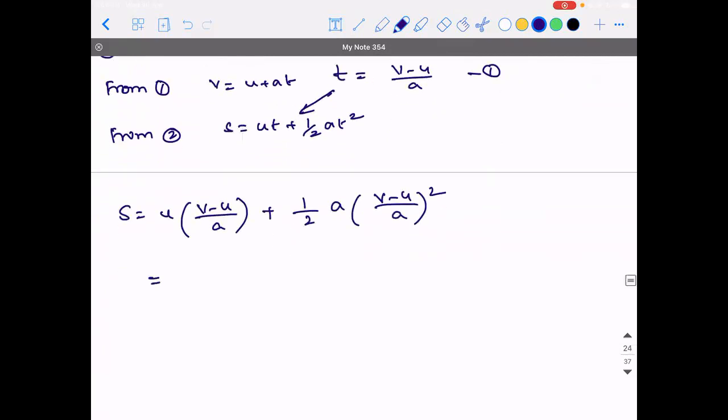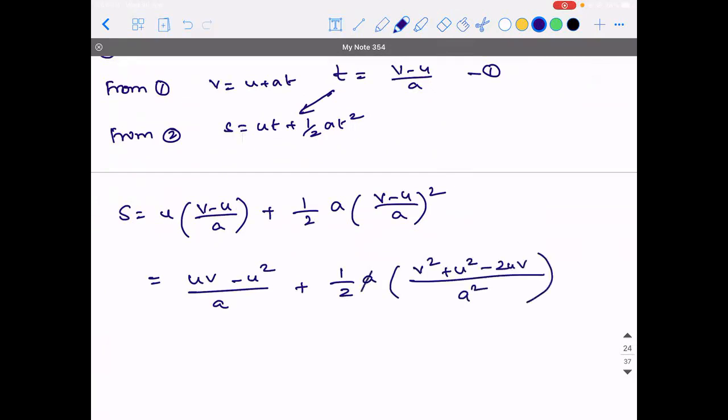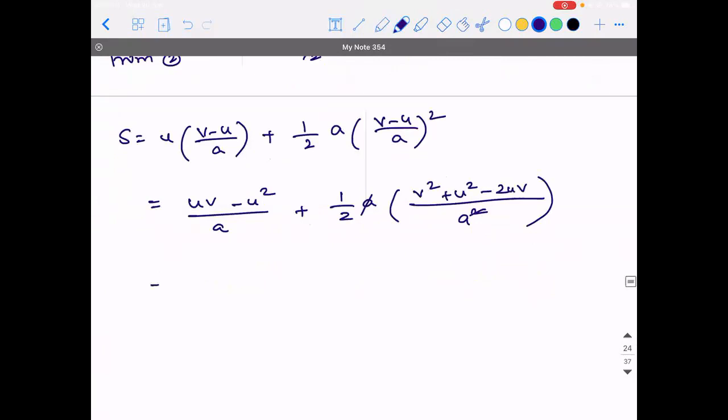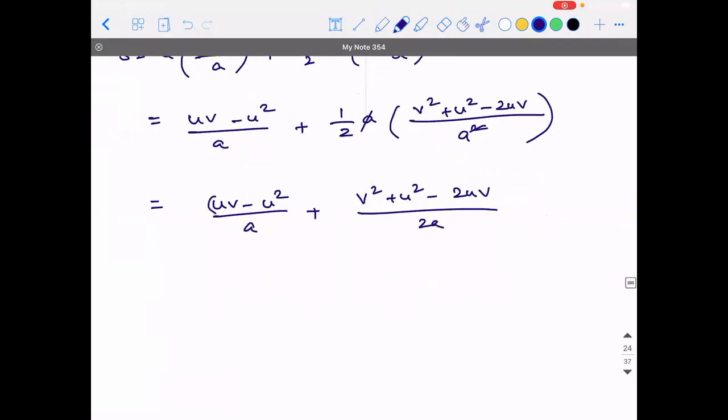So uv minus u square divided by a plus half into a into v square plus u square minus 2uv divided by a square. So a and a will get cancelled. uv minus u square divided by a plus v square plus u square minus 2uv divided by 2a. So multiply with 2 here and divide with 2.